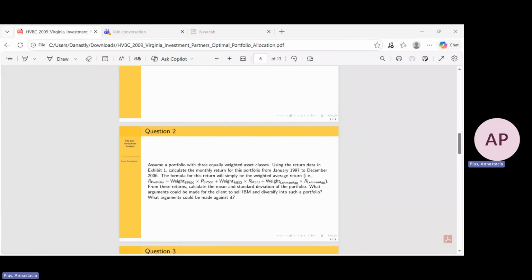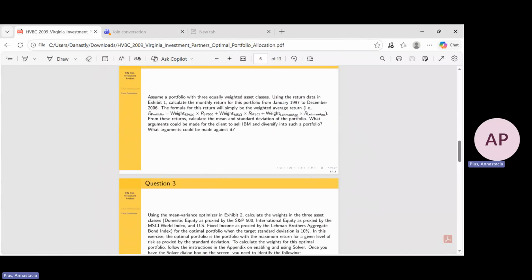So we proceed to look at question 3. Sorry, there is something I did not go into. There were some arguments for selling IBM and for not selling IBM.